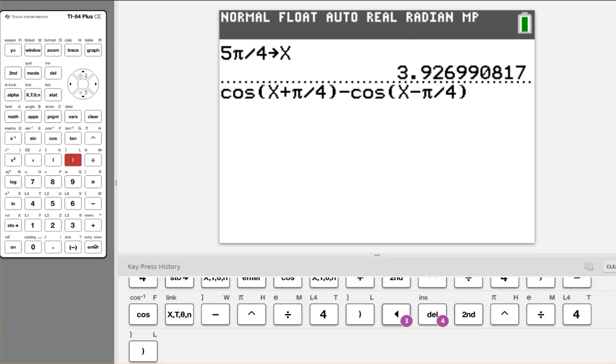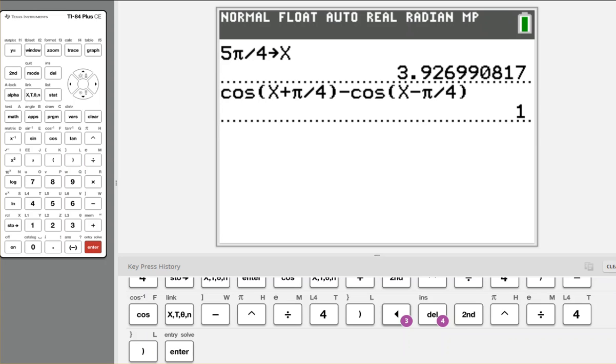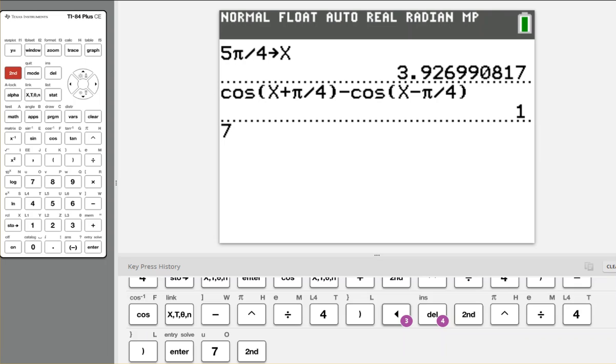And hit enter. It's supposed to equal 1, so that confirmed to me that 5 pi over 4 is the correct solution. The other thing that I thought worked was 7 pi over 4.